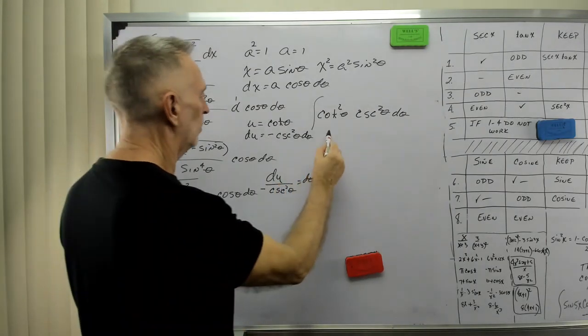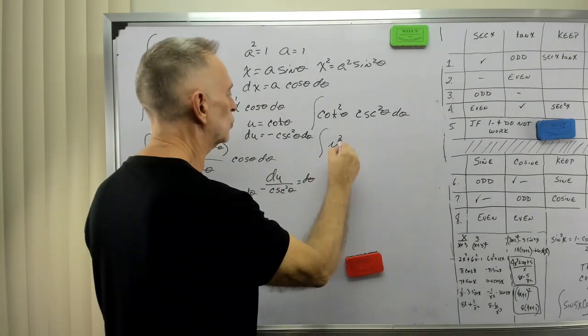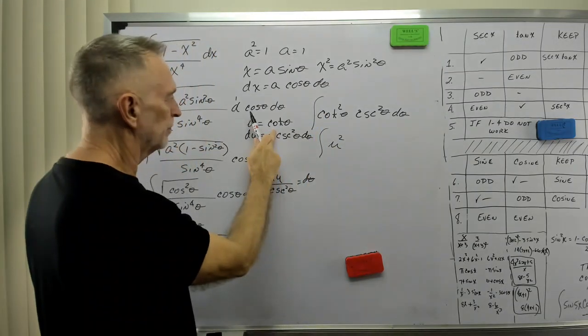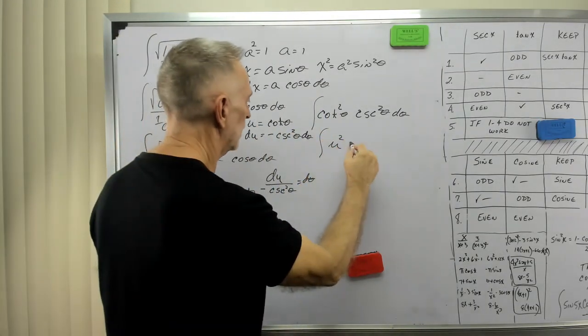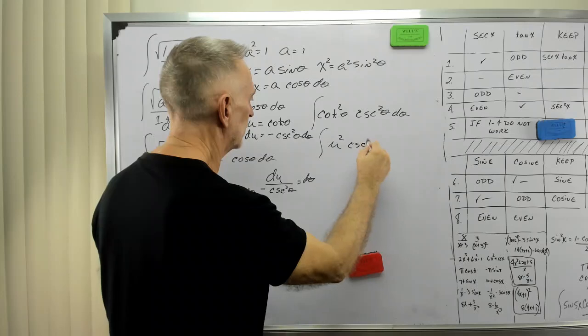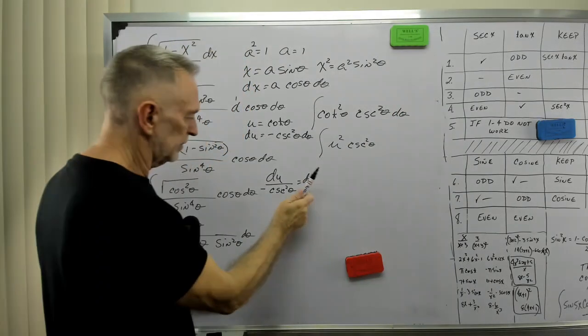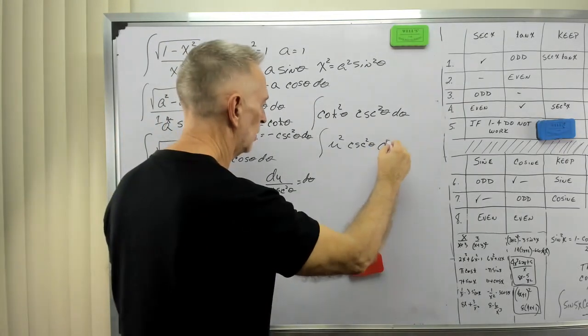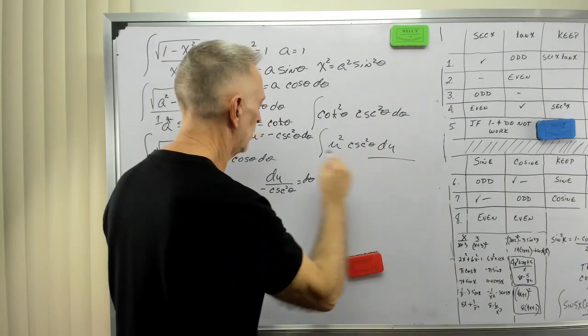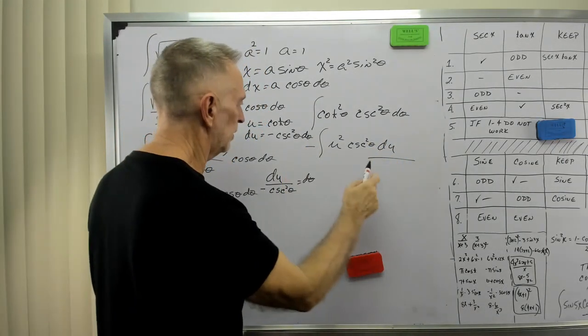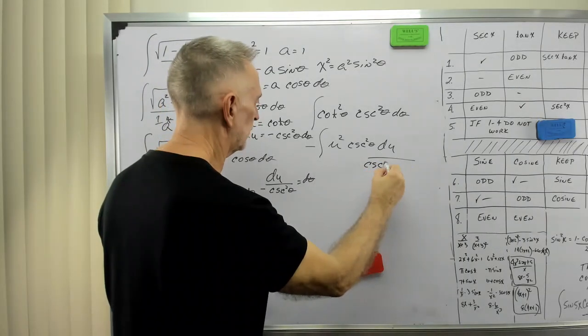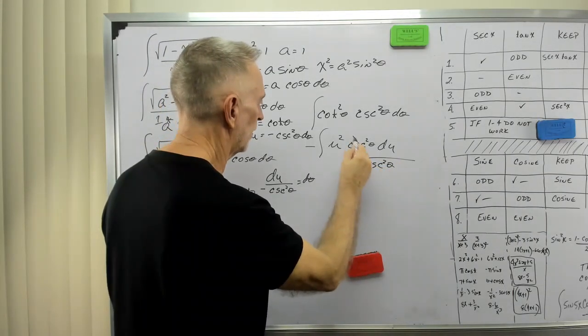Now then, what do we have? We have u squared. U is cotangent. Still have this cosecant squared theta times d theta, but that's du over a minus cosecant squared theta.